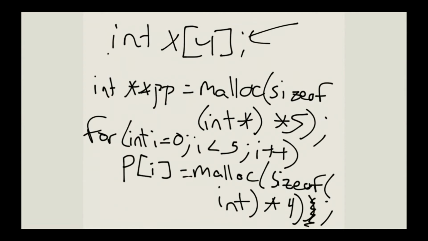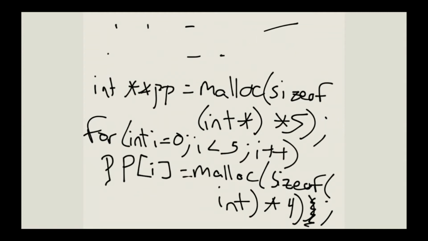Okay, so what I did here is, that should be PPI. So PP is a pointer to a pointer. So you're mallocing PP to point to an array of 5 int stars. And so in memory, you have on the stack PP.